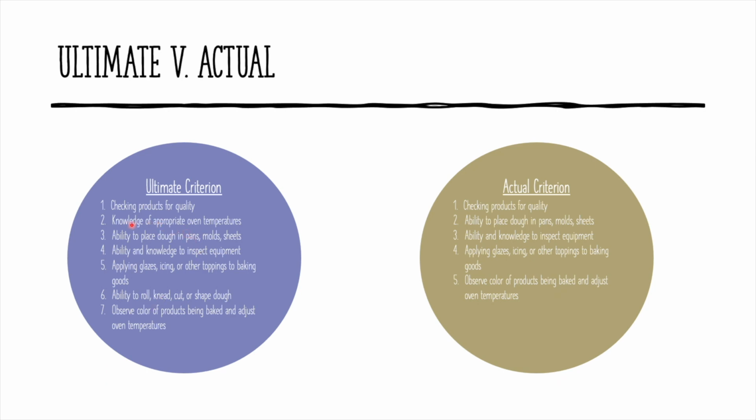I removed the knowledge of appropriate oven temperatures and ability to roll, knead, and shape the dough, or cut or shape the dough. All right, 7.5, right? But those things seem pretty important. You could probably measure them too. So that really begs the question, what makes a criterion good?